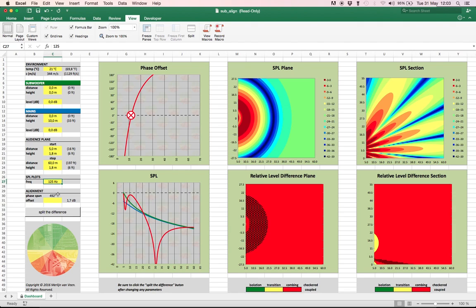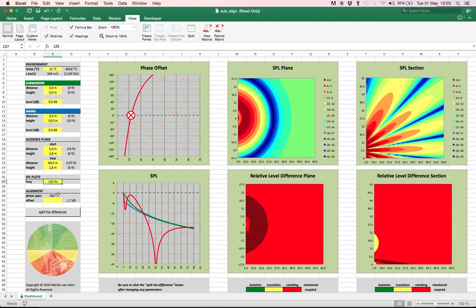And that is the consequence of the physical displacement between those sources. If there were no physical displacement between the main speakers and the subwoofers, then there would be no issue at all, because both systems are co-located in space and there would be no phase offset throughout the audience areas.